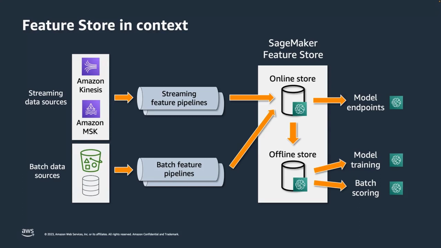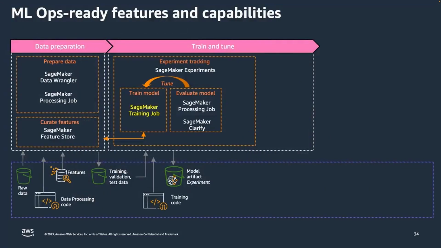Now let's turn to model training and tuning. SageMaker provides what we call SageMaker training jobs. SageMaker training jobs consume data, typically from S3 or also from Feature Store.